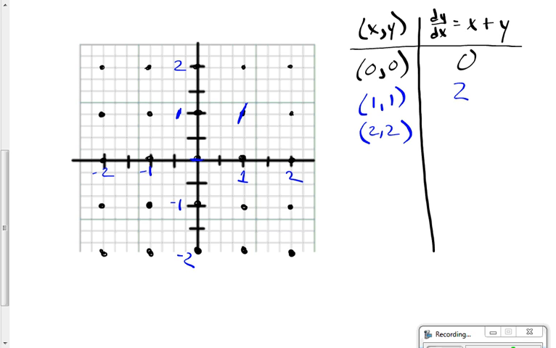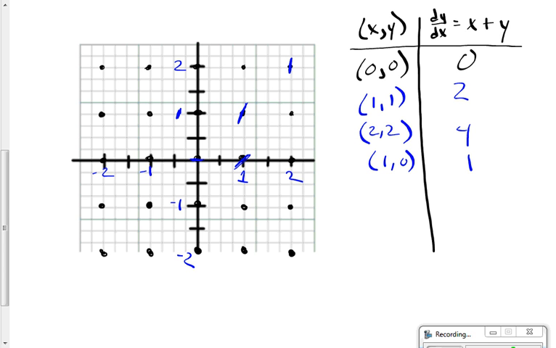Slope is 4, right? Okay, what else? Let's pick something on an axis. How about 1, 0? What's the slope at 1, 0? 1. 1, 0 has a slope of 1.